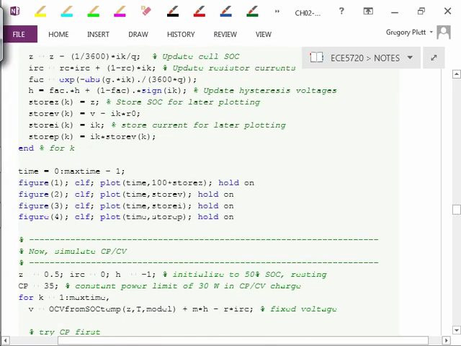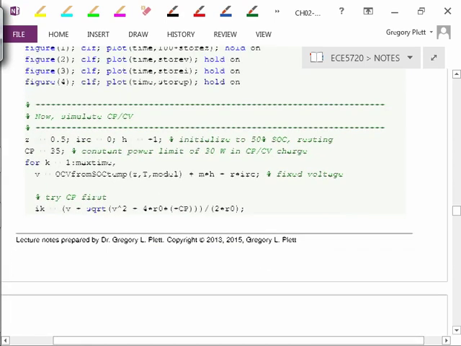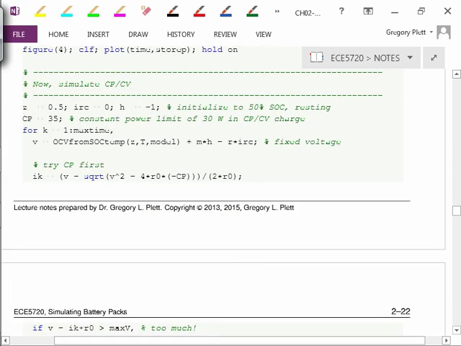Now we go into the constant power, constant voltage part. I reinitialize some states. So state of charge gets reinitialized to 50%, the resistor capacitor current to 0, hysteresis to -1, and the power to 35 watts, and that should say 35 there.